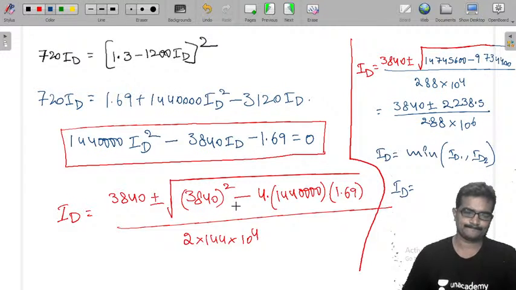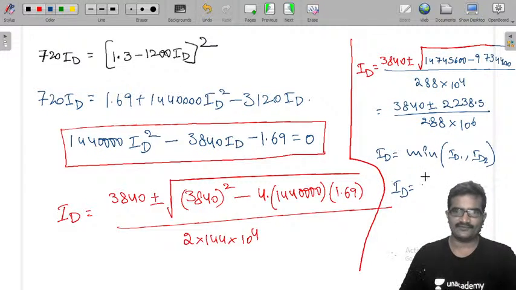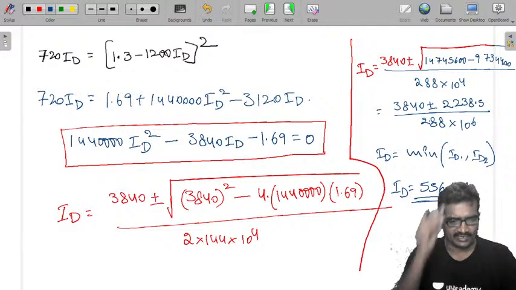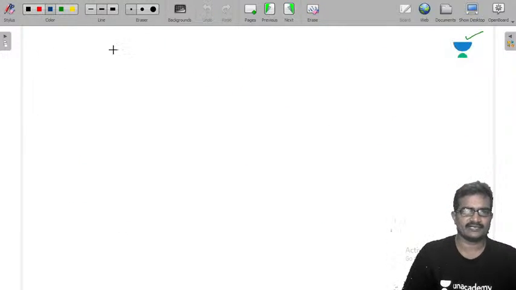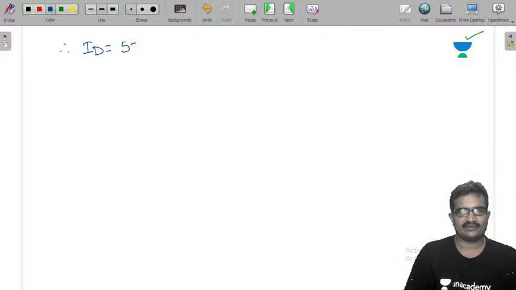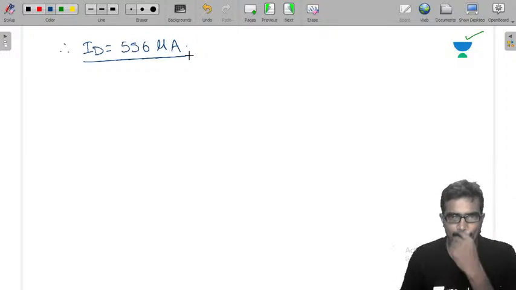That is 556 microamperes. That is the ID value. Okay, so therefore ID is 556 microamperes.